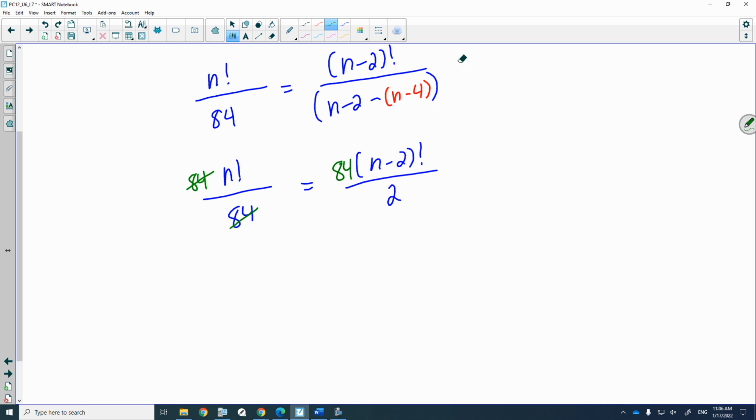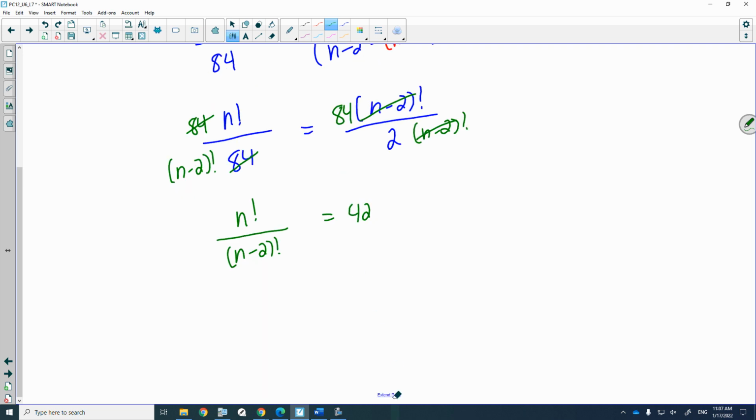And then I want that n minus 2 over here, so I'm going to divide this side by n minus 2, and I'm going to divide this side by n minus 2. What you then have on your right-hand side is 84 divided by 2, which is 42. On the left-hand side, you're going to have n factorial all over n minus 2 factorial.